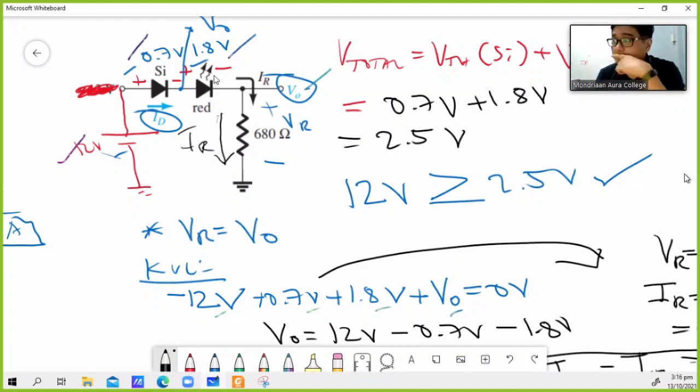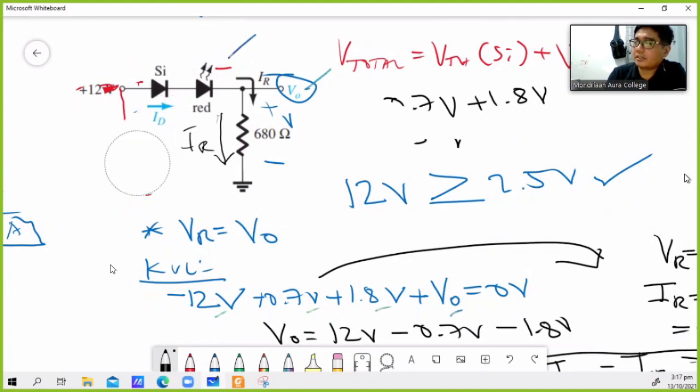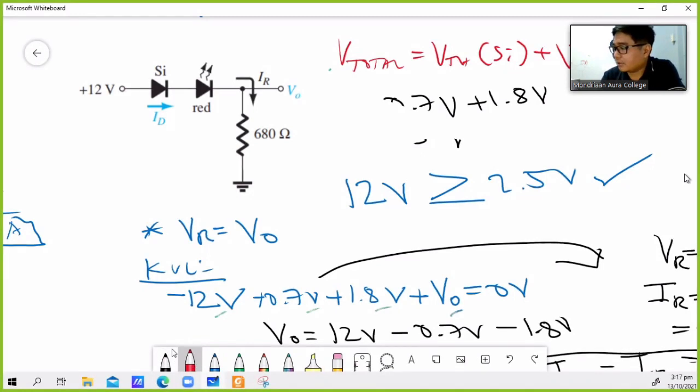Okay? So yung isa naman, yung sinabi ko sa inyo kanina, what if yung output voltage nalagay dito? Burahin natin itong mga nakasulat. Nalagay doon yung output voltage. Okay. So instead of this one, alisin natin yan.